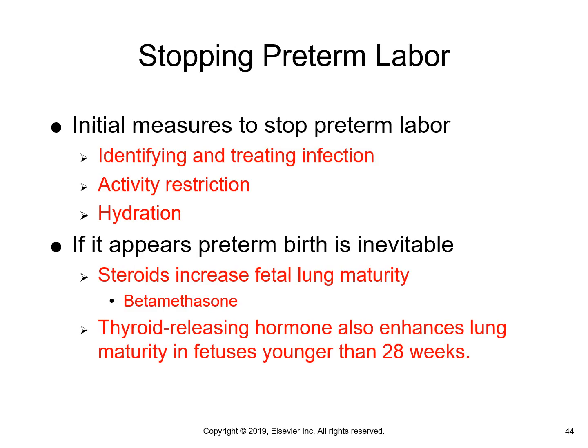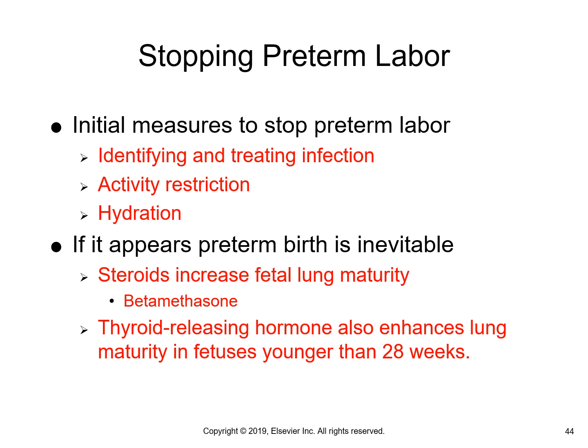Initial measures to stop preterm labor. The goal here is to stop that preterm labor and keep the fetus inside as long as we can. We have to know what the reason is so that we can do something about it.